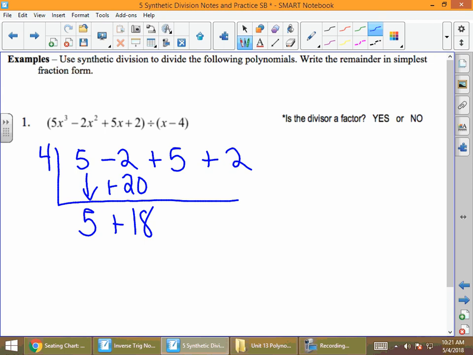Positive 4 times 18 is 72. 5 plus 72 is 77. Again, positive 5 plus 72 is positive 77. 4 times 77 is 308. And 2 plus 308 is 310.